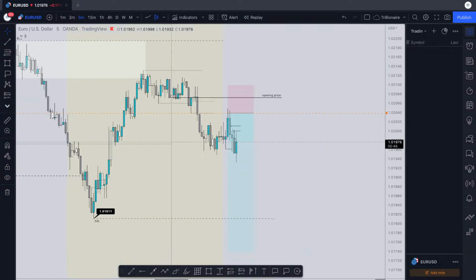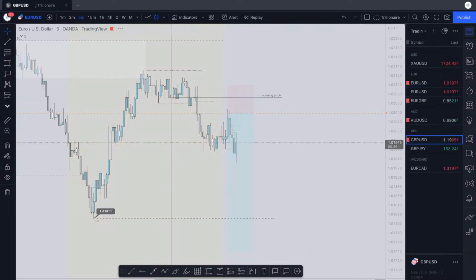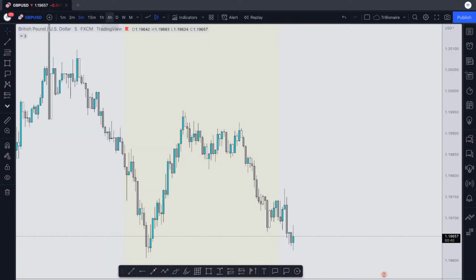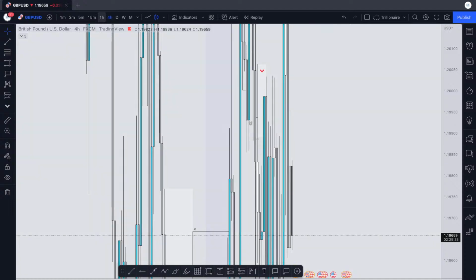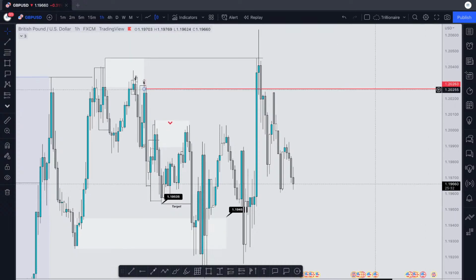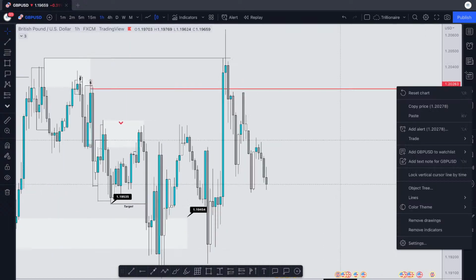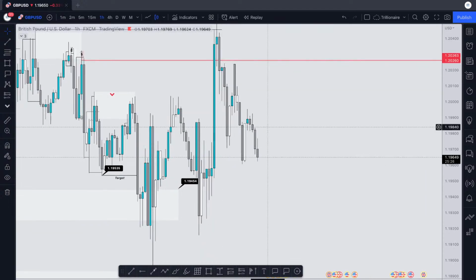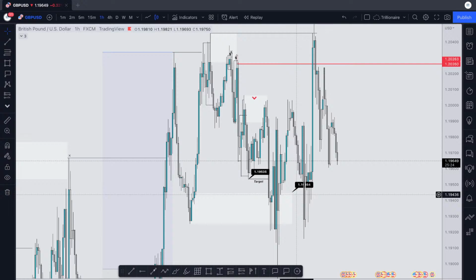Let's go to GBP USD, see what's going on. All right, so we're definitely bullish, but we're in a counter trend sell right now on GU.